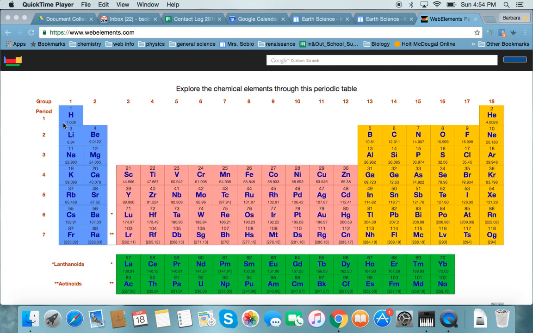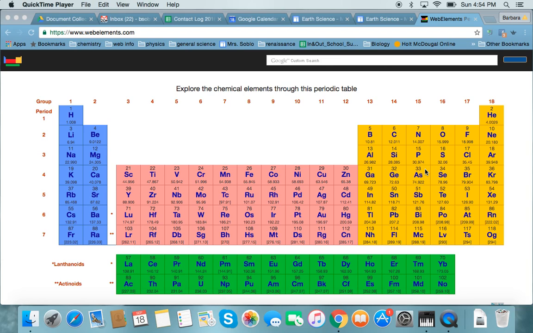I want to point out to you a couple of other things. Notice that these numbers here, 1, 2, 3, 4, 5, they're arranged in order of increasing atomic number. These atomic numbers, the 1, the 3, the 4, 5, 14, 33, etc. These numbers on top of this periodic table represent the number of protons each atom has in its nucleus.